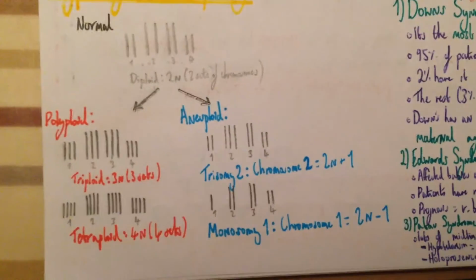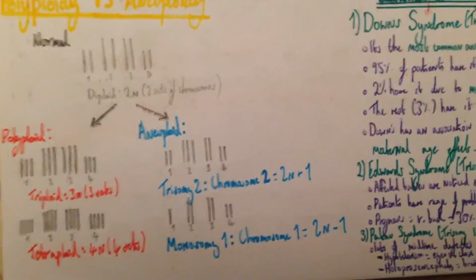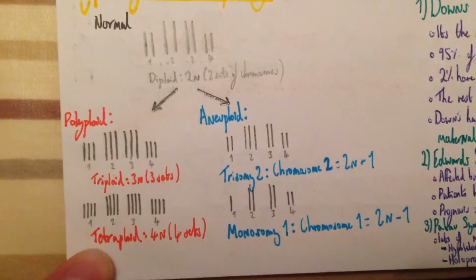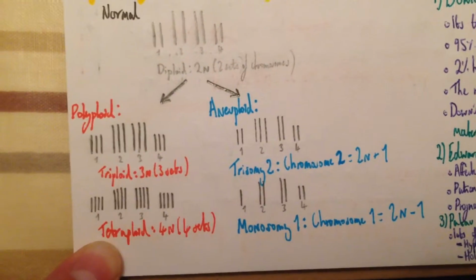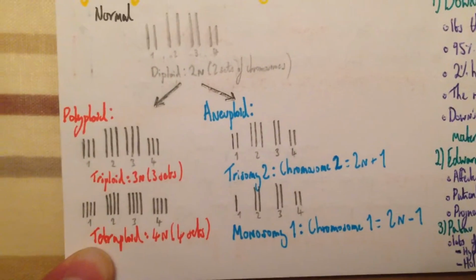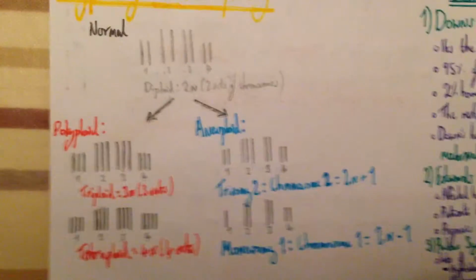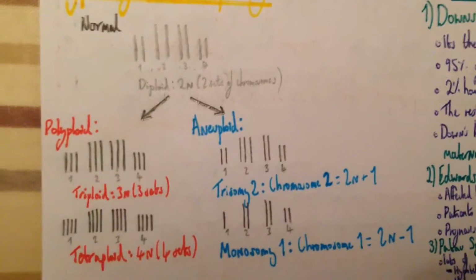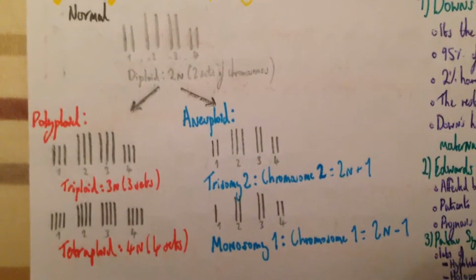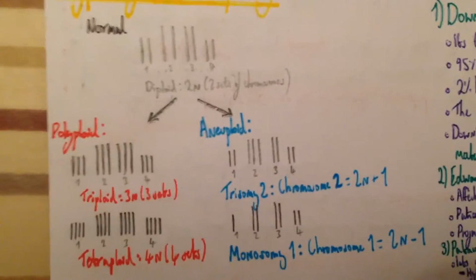Sorry, my maths is shocking. Or you could have tetraploid, which wouldn't be 69, it would be 92 chromosomes, if I'm right, and forgive me if I'm wrong. So that's polyploidy, where the number of chromosomes you have is a multiple of 23.